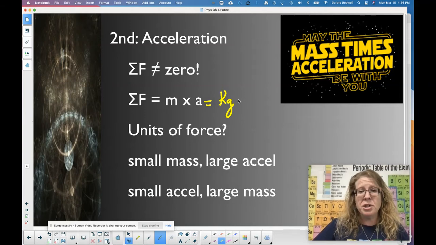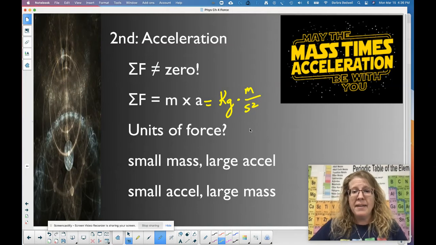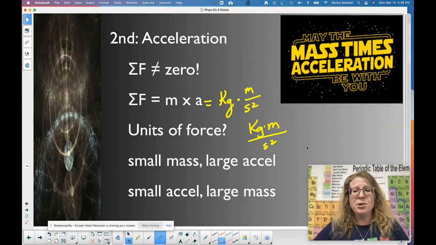And then acceleration is meters per second squared. When we multiply these together, we get a complex unit: a kilogram meter per second squared. Well, that's really awkward to write, so it turns out we have another name for this unit that's a lot easier to write.